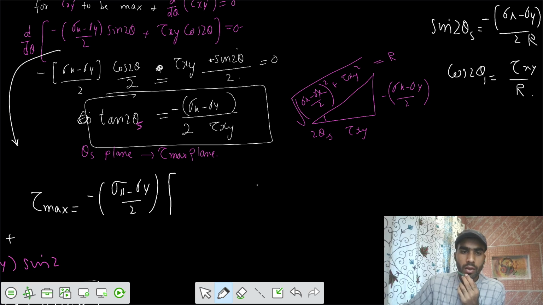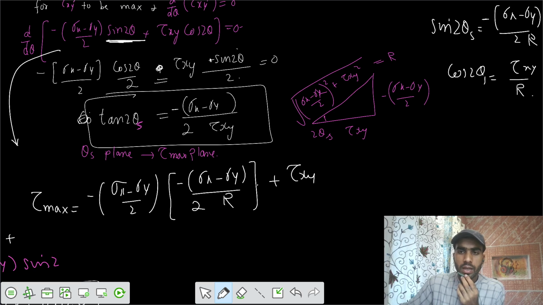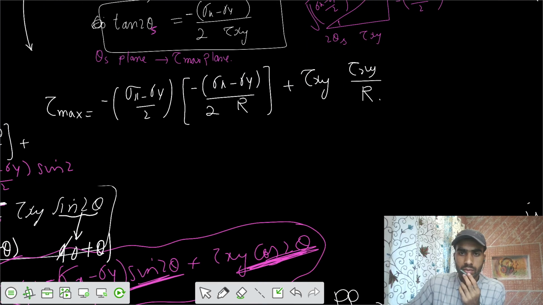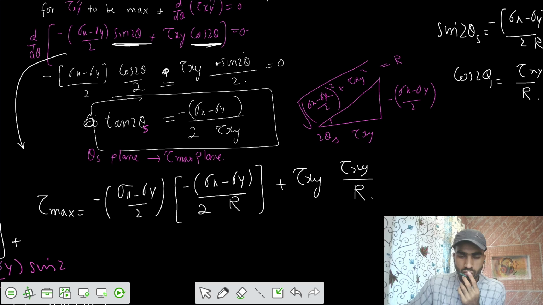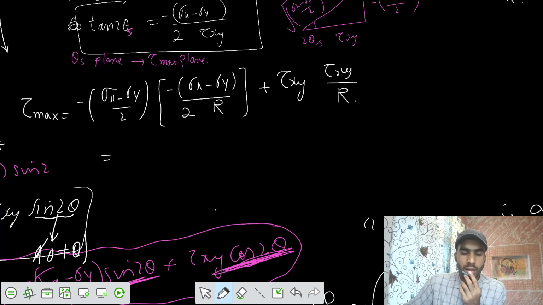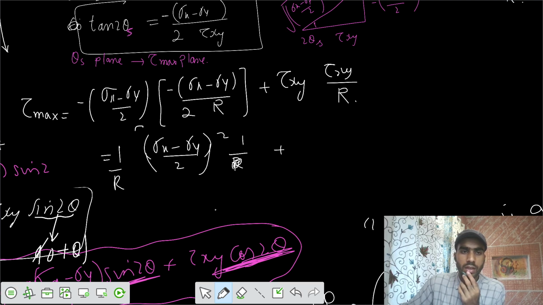So if you substitute here, this sine 2 theta you have to multiply here: minus times (sigma x minus sigma y) by 2 into R, then plus tau xy, then you have cos 2 theta, that's tau xy by R. We got ((sigma x minus sigma y) by 2) whole square, and you divide by R, plus, let's keep the R outside because R is common in both the terms, tau xy whole square.